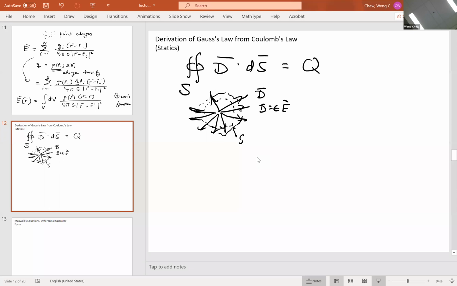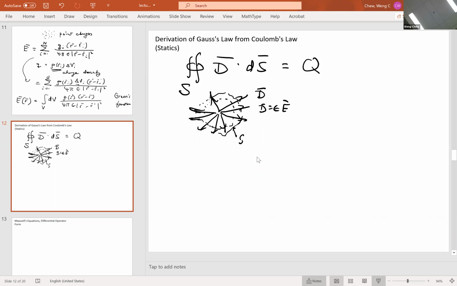But I'm going to argue that if you take a different surface S that looks different from the original one, you're going to get the same charge Q. I set out the argument more carefully in the lecture notes, to argue that irrespective of the shape of these two surfaces, you always get Q inside. From this argument, you can see that Coulomb's law actually gives rise to Gauss's law in the top line, because it doesn't matter what shape you are.